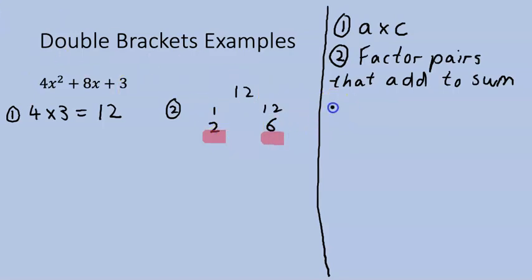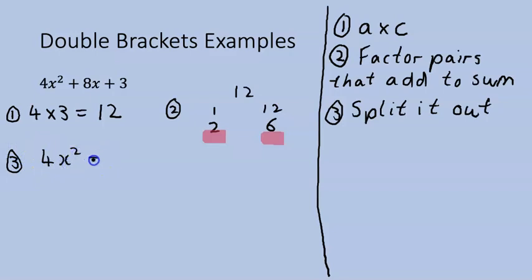Now my step 3, and this is probably the trickiest step. You're now going to split it up. And what on earth does that look like? Well, what you're going to do is you're going to take 4x squared plus 8x plus 3.